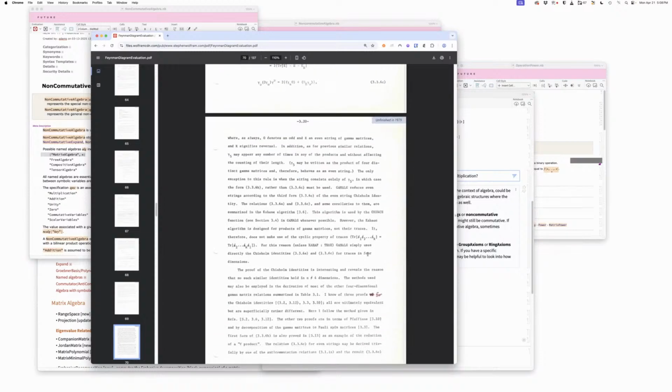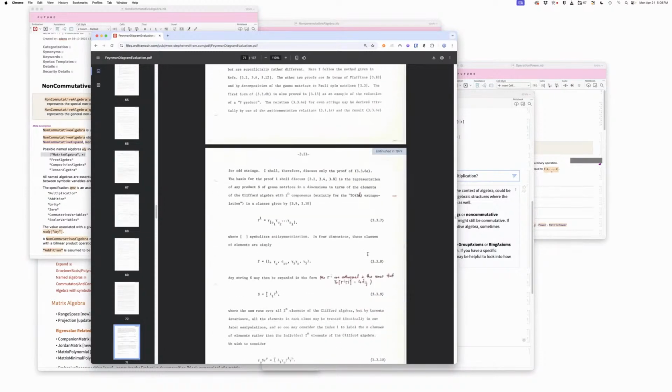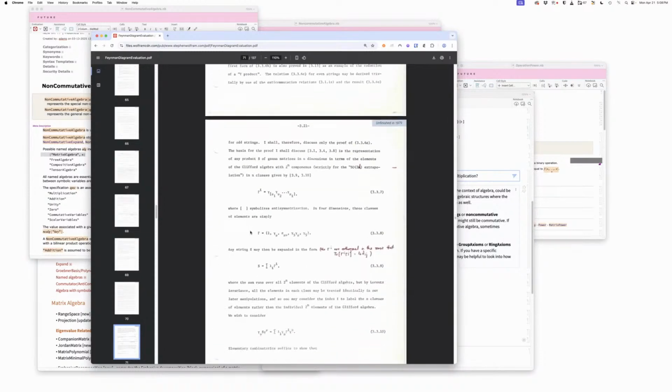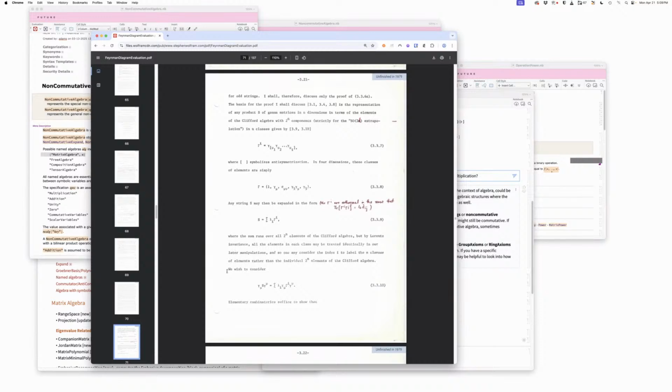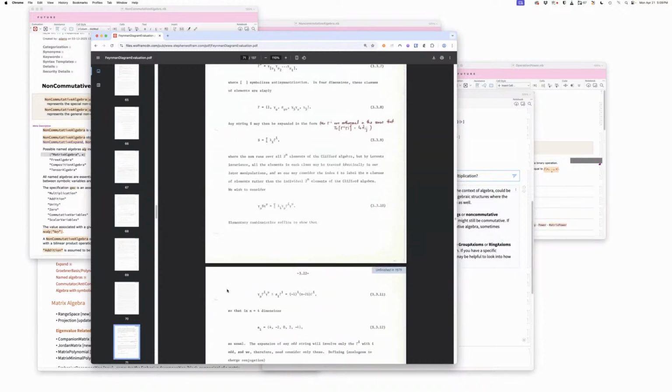And there isn't a very efficient algorithm. I wonder if it's in here. I can't remember. Yeah, here we go. This is it. Yes, those are the bases. Right. Any string can then be expanded in this form.